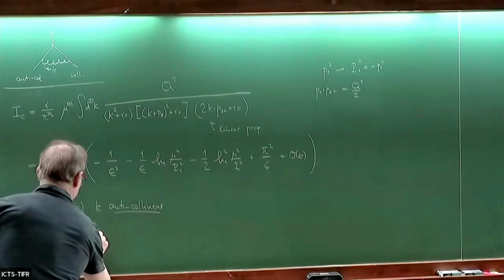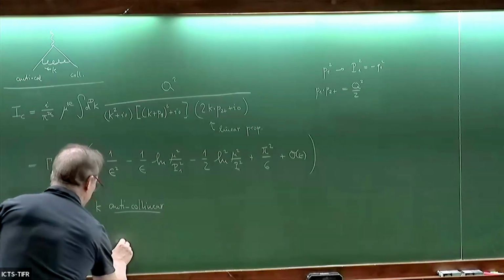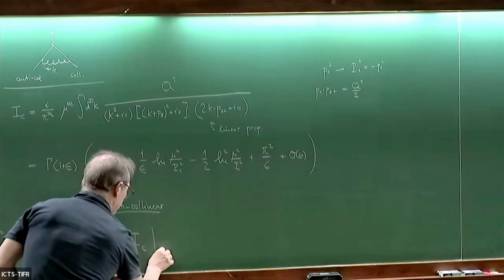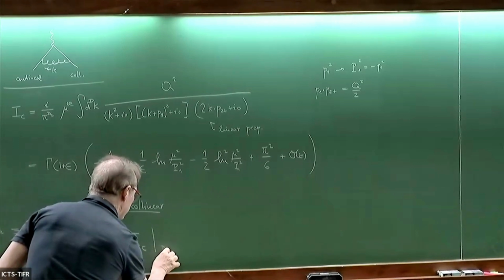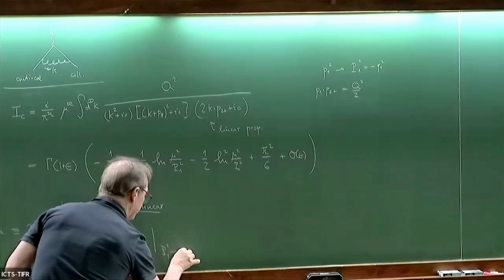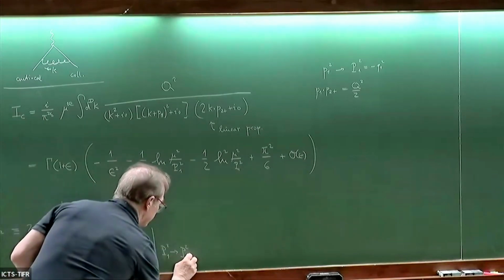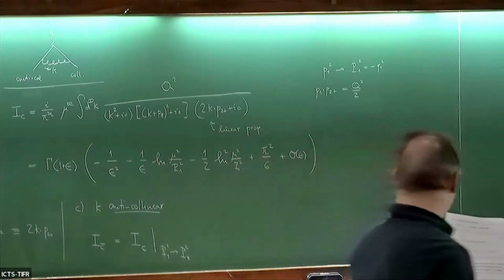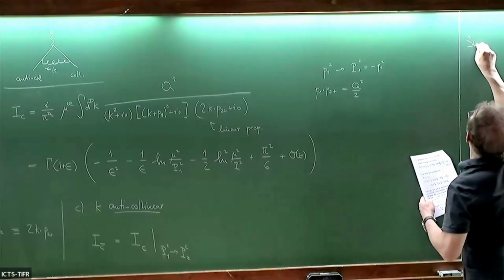So the anticollinear contribution is equal to the collinear contribution with a substitution that p1 squared is replaced by p2 squared. And now ideally, we would just sum them up.